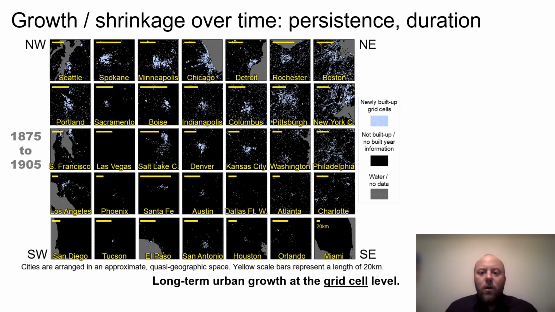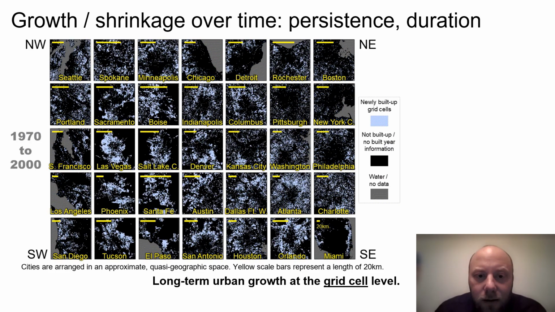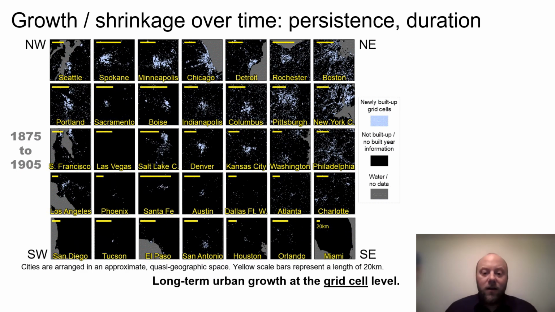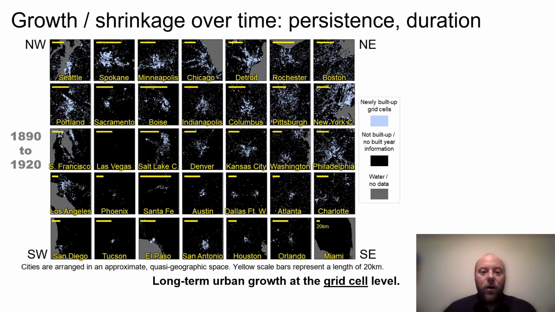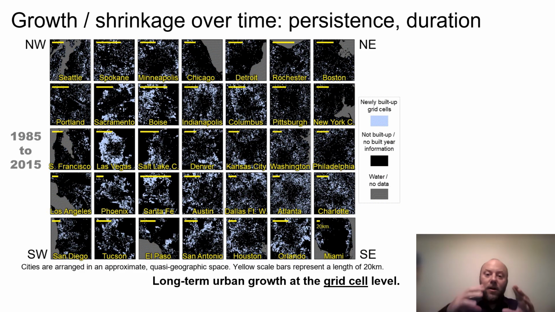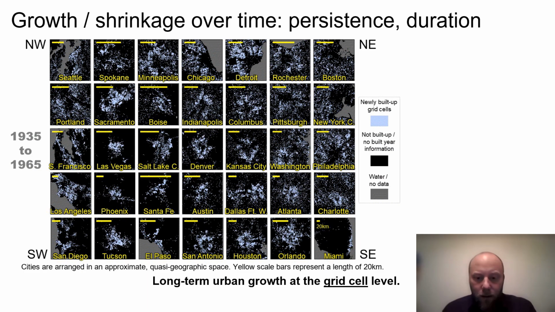So you can see the newly built up areas within moving windows, which looks like fireworks. So it shows a different picture than what we've seen before, right? It's kind of a differential approach to look at city growth. So not looking at the absolute size at each point in time, but looking at the increase over time.